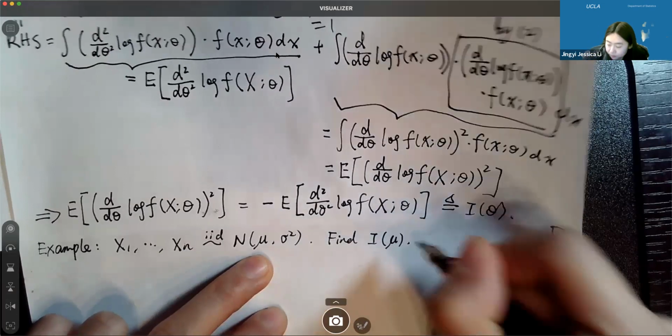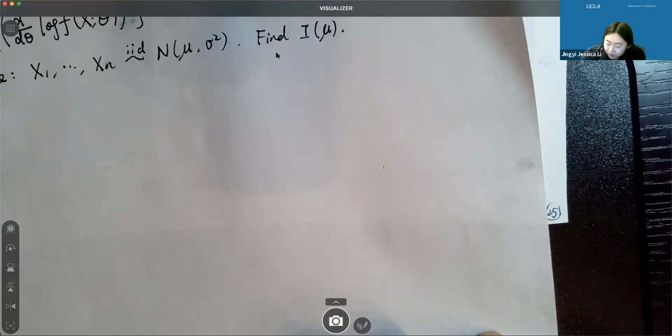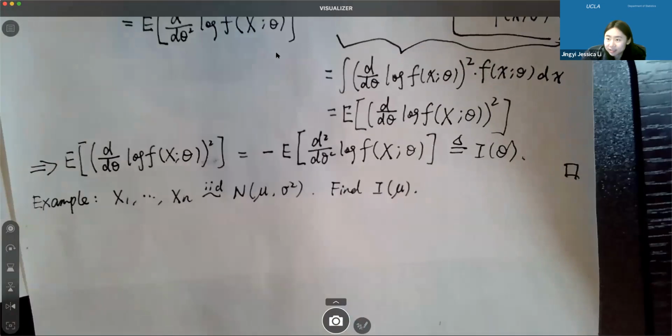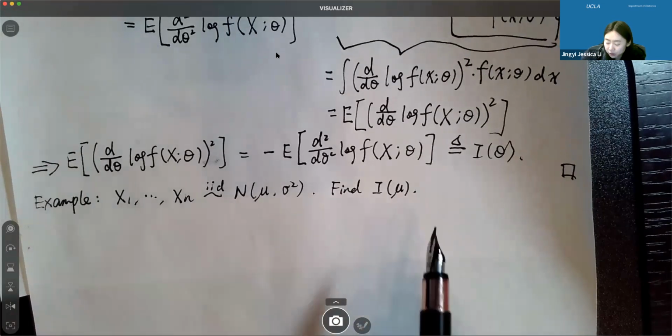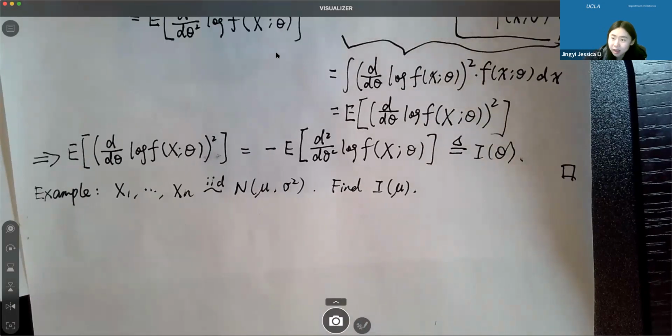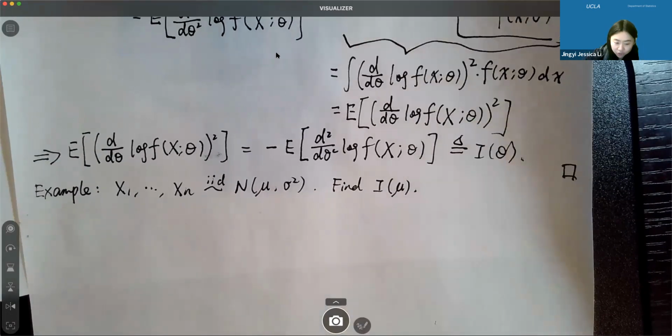To be strict, since we have two parameters, in a graduate level class I should tell you that the Fisher information should be for the two parameters jointly, and it would be a 2x2 matrix. But here we simplify: we look at one parameter only, mu, so the Fisher information is just a scalar.